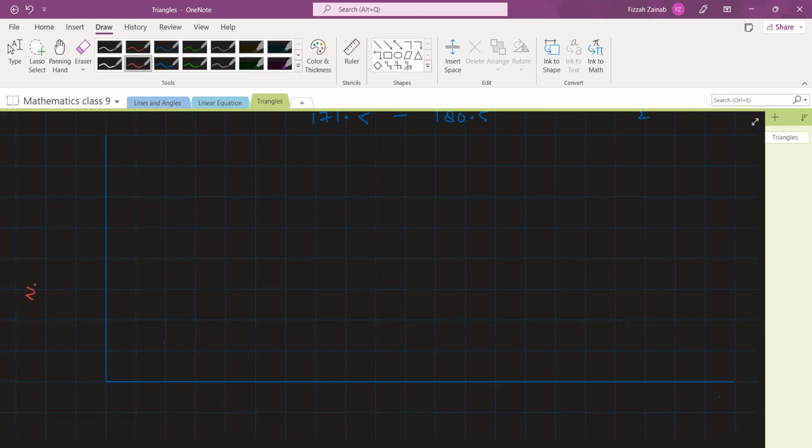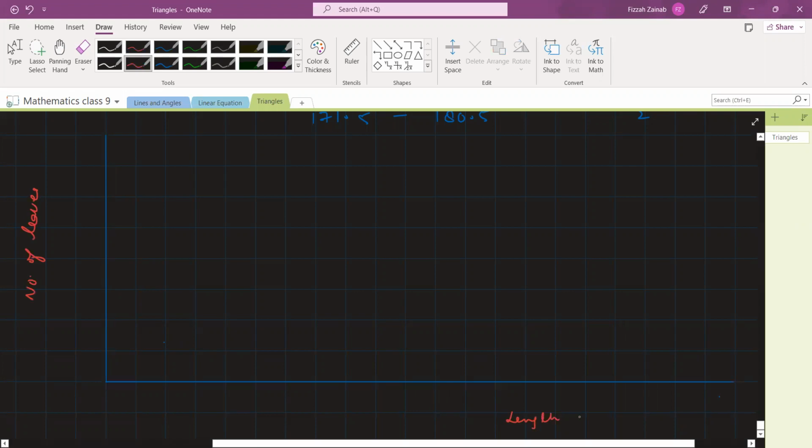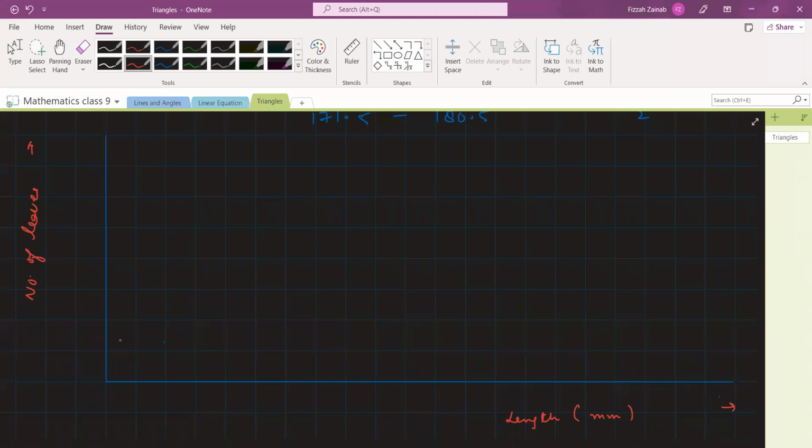Here I'm taking number of leaves, and this side I'm taking length, which is in millimeters. I have to plot up to 12 this side, so I can take intervals of 2, right? So this is 2, 4, 6, 8, 10, 12, and 14. Is that clear?